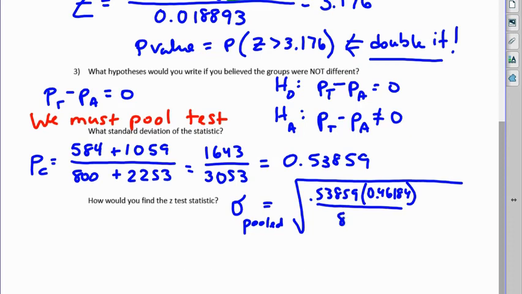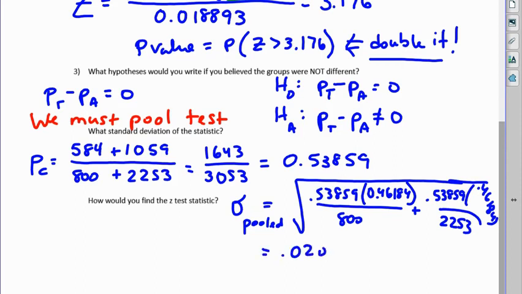There's 800 of these, and then I'm going to add that to 6184, sorry, and there's 2253 of these guys, so it comes out to be 0.020518. Use lots of decimals if you're not going to have rounding errors.